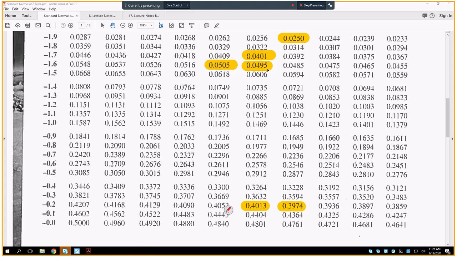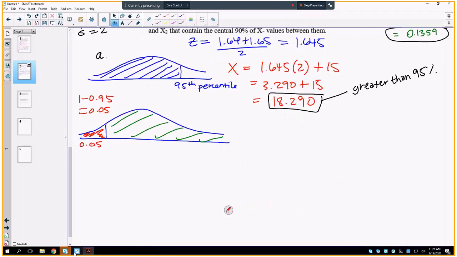Average of negative 1.64 and negative 1.65 is negative 1.645. So my z, negative 1.645, I found it from the table, but I also know it because of the symmetry of the bell curve. So I'm going to plug it in to my formula, negative 1.645 times the standard deviation plus the mean, negative 3.290 plus the mean.